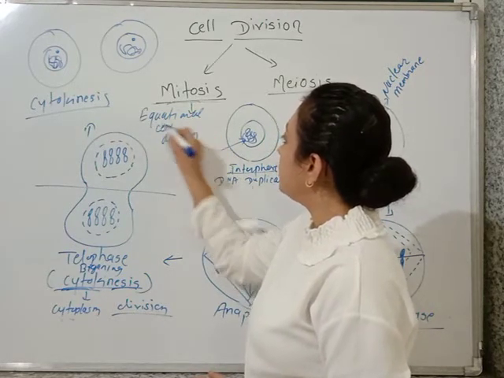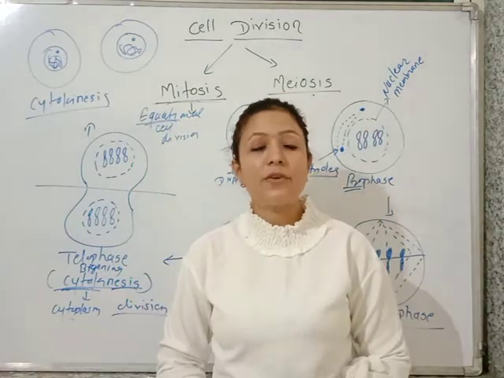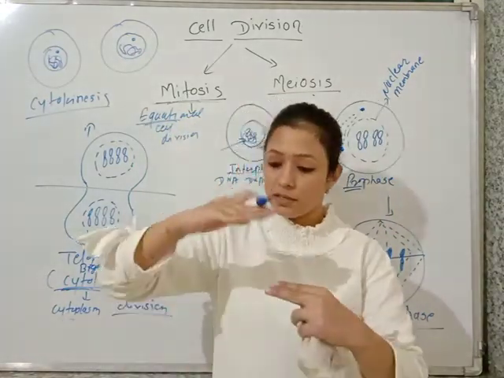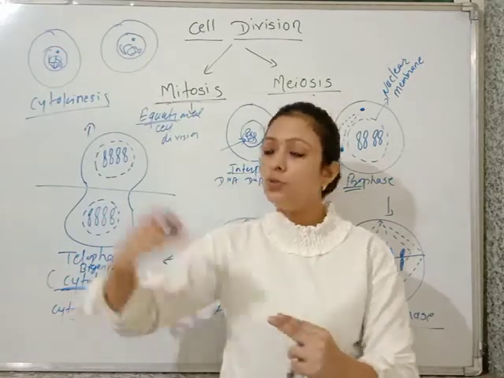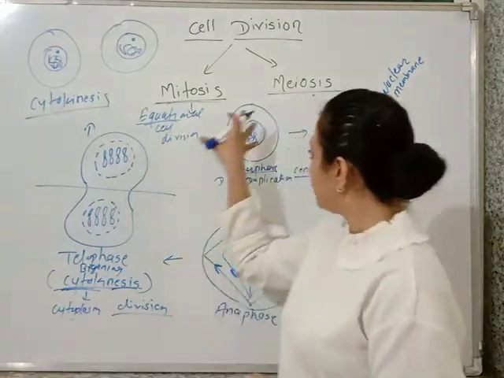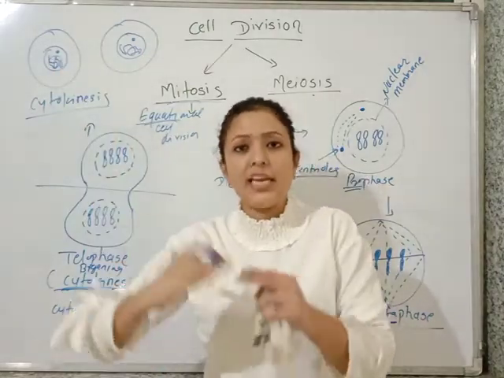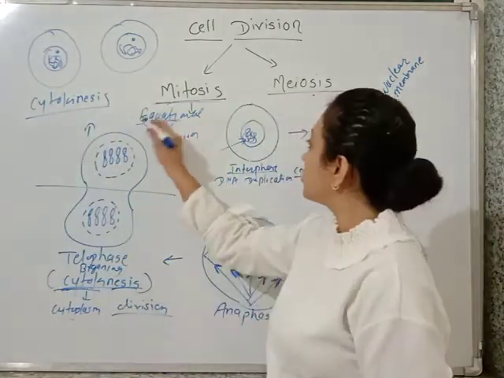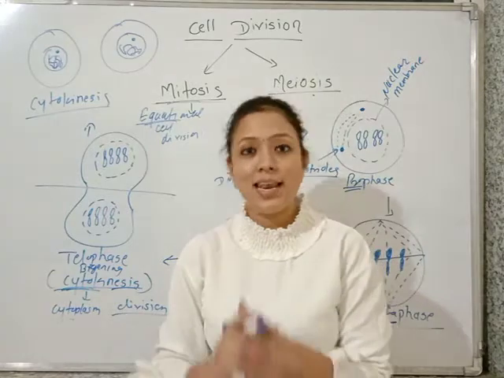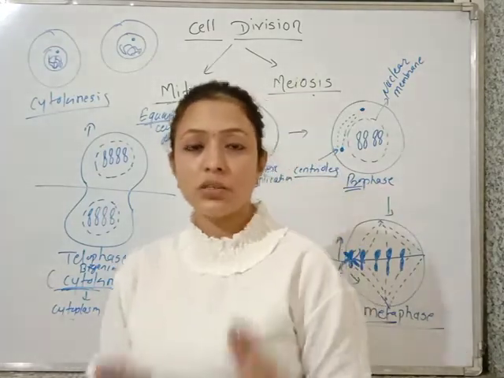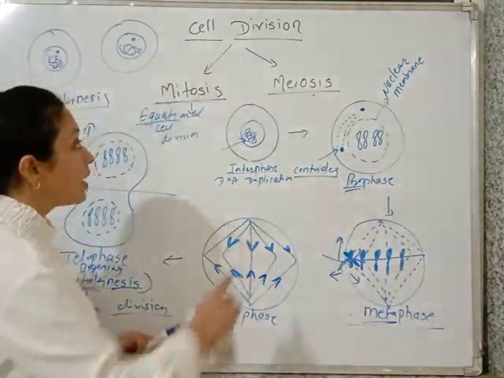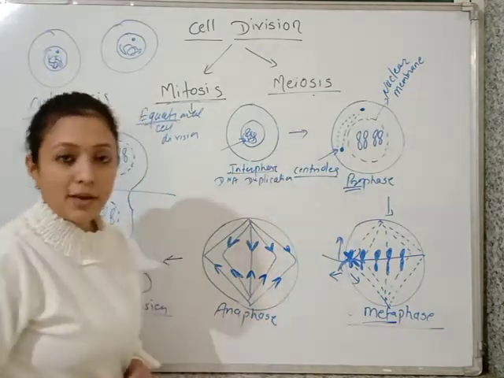What does it mean? The chromosome number remains constant from parent to daughter cells. The number of chromosomes in the parent is the same in the two daughter cells. That's why it is called equational cell division. So this is about mitosis that we discussed. Now let's discuss meiosis.